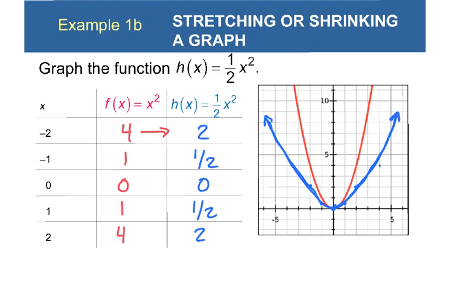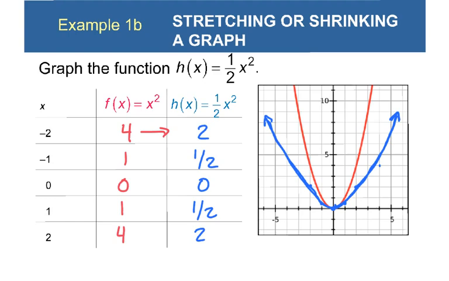this is called the vertical shrink. And the reason it's called a vertical shrink, like the vertical stretch, all of our y values from our original function here, all of our y values got smaller because it was multiplied by something between 0 and 1.